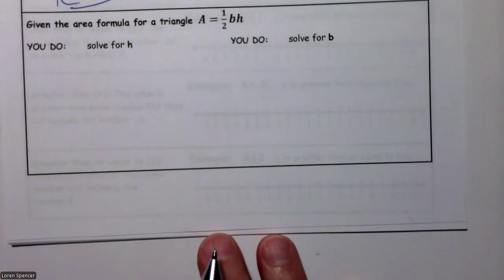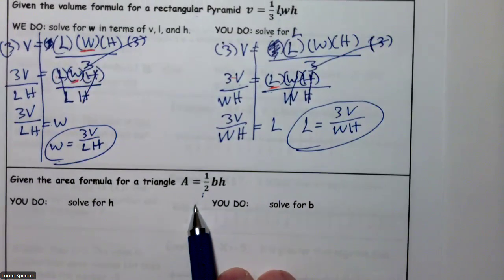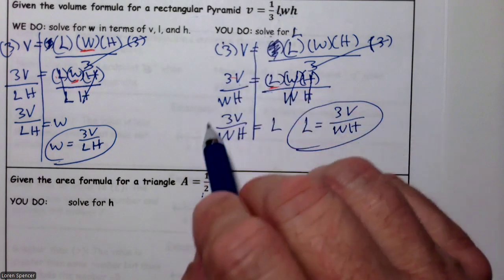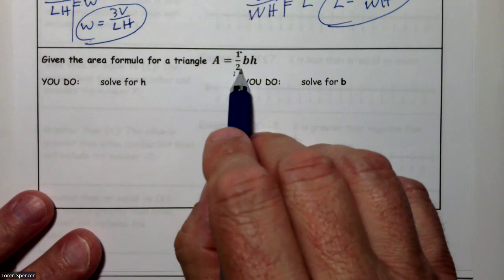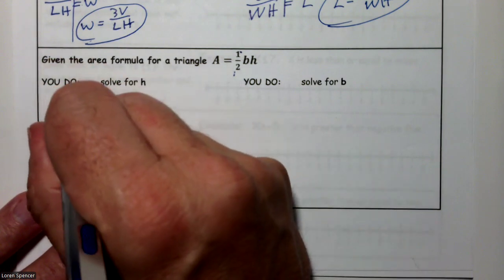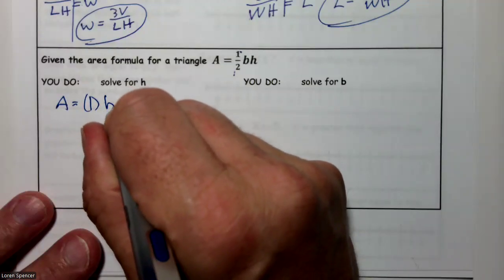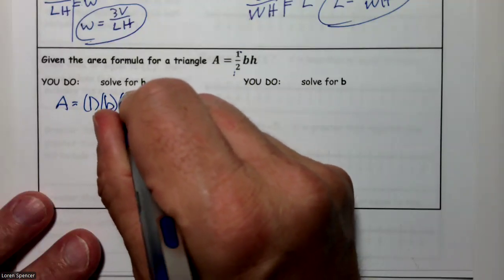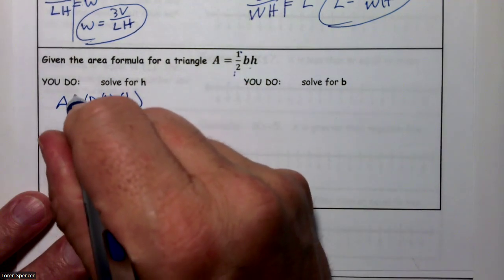All right, we're looking at our last example. Oh no, we still have a fraction. Well, we're going to use the same thing we did before, where we put the 3 in the denominator, except this time we're going to put the 2 in the denominator. So I'm going to rewrite this. A equals 1(B)(H), because that's showing it's all being multiplied, divided by 2.